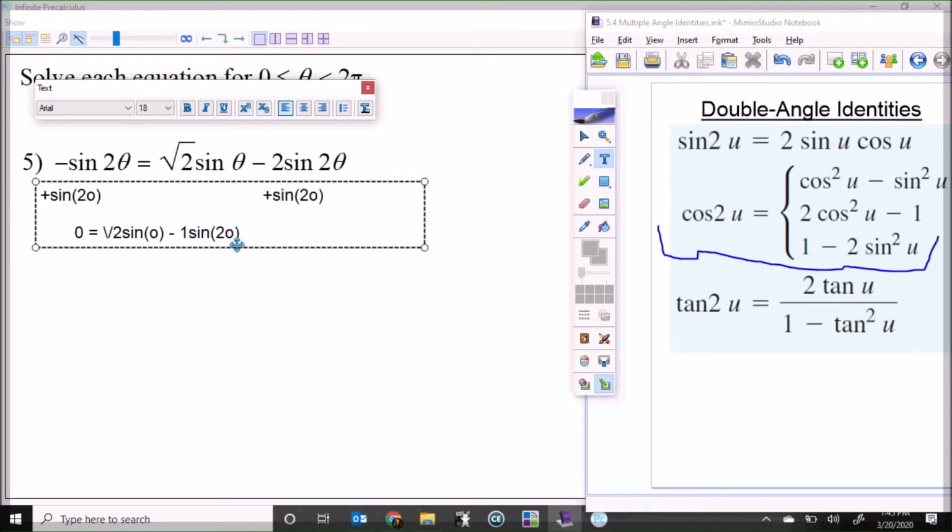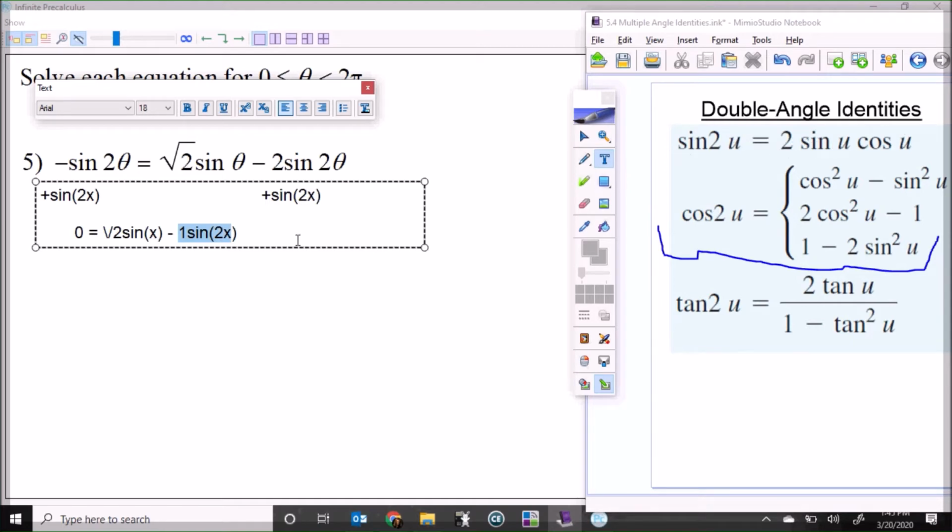And actually, you know what? I'm just going to change those to x's. That makes way more sense. There we go. I don't have to worry about remembering that those mean theta. Alright. Now I can change this into my identity.